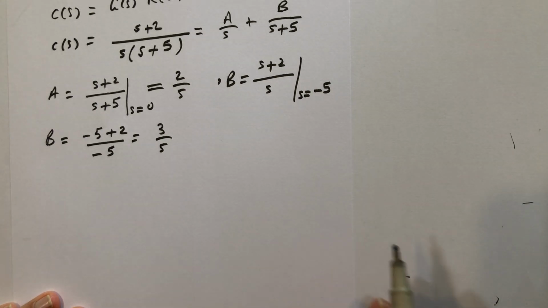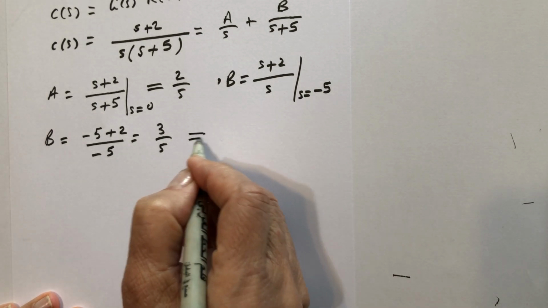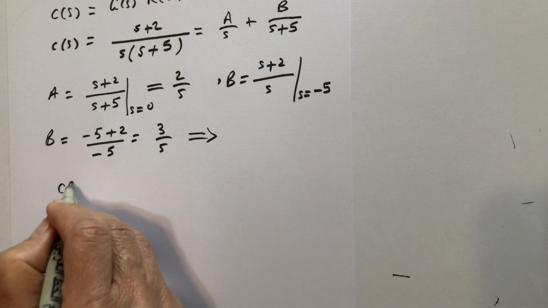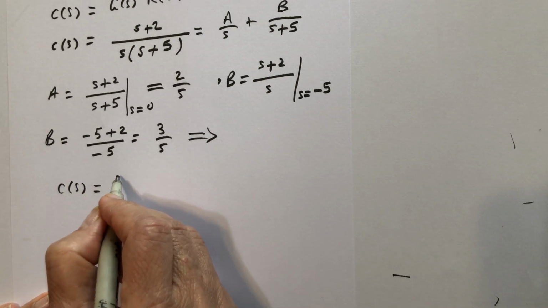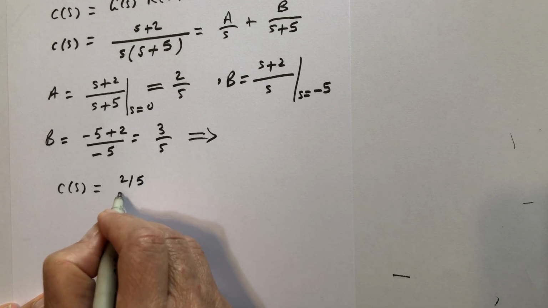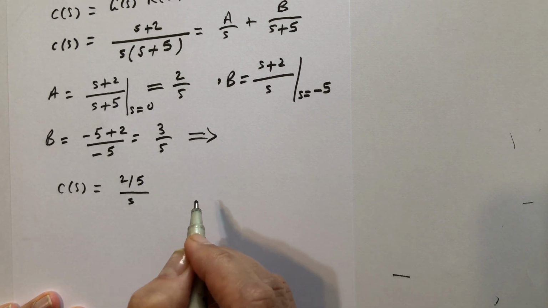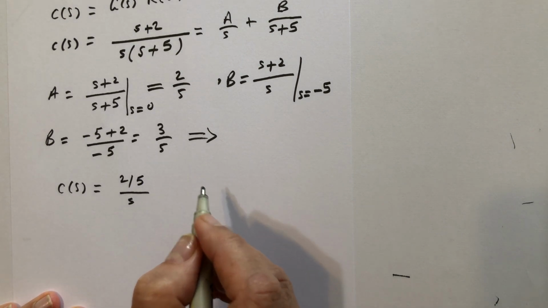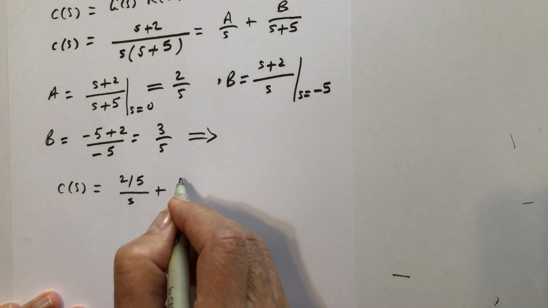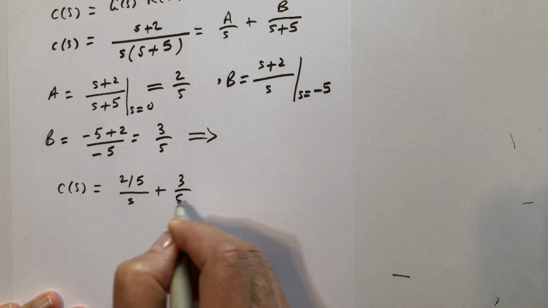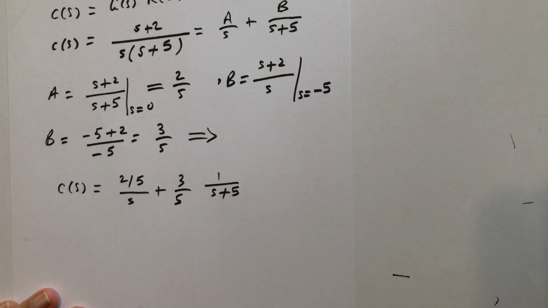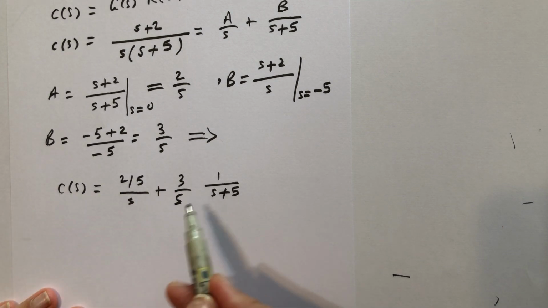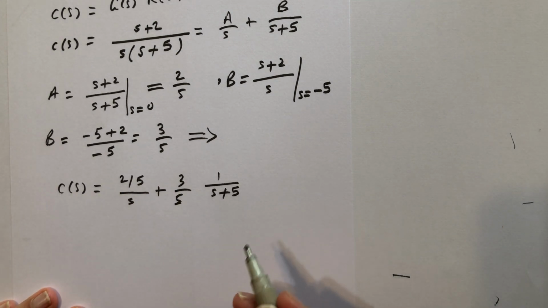So we have C of S equal to 2 over 5 times 1 over S plus 3 over 5 times 1 over S plus 5. Of course, I can put this outside and this one outside, it's okay.